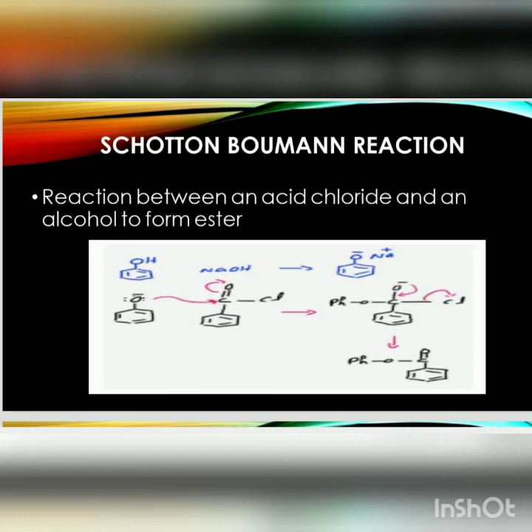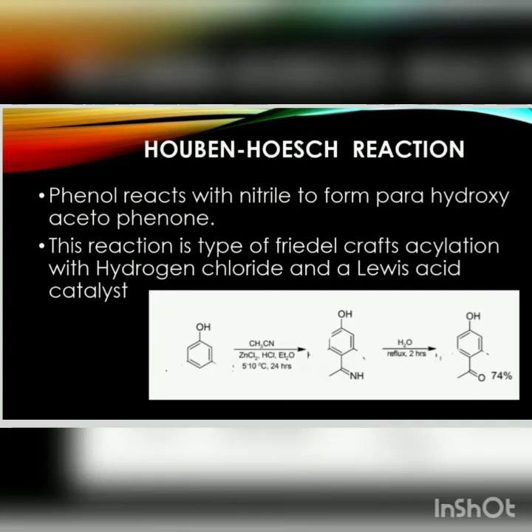The next one is the Houben-Hoesch reaction. These are very important reactions. All named reactions are very important. So remember all these reactions. In the Houben-Hoesch reaction, phenol reacts with a nitrile to form para-hydroxyacetophenone.